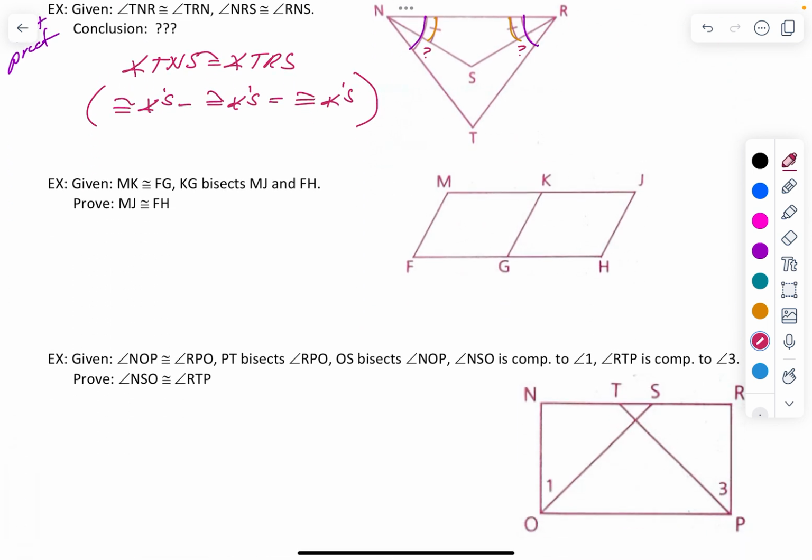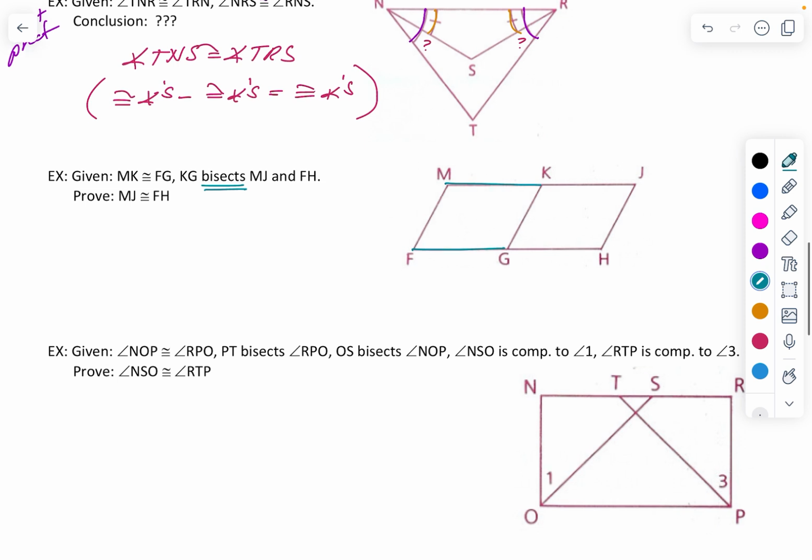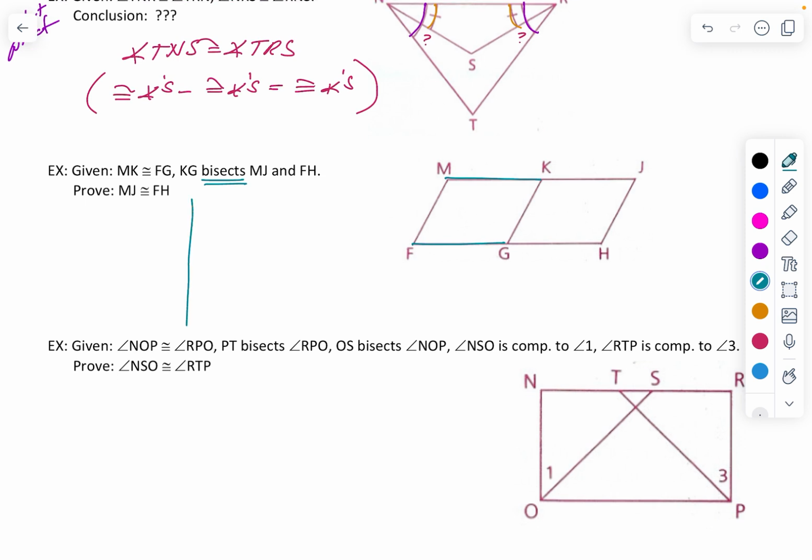For this next one, it says given MK congruent to FG, and then notice here, KG bisects MJ and FH. So we have that keyword bisects. So if we were doing this proof, we would have MK congruent to FG, and then KG bisects MJ and FH.